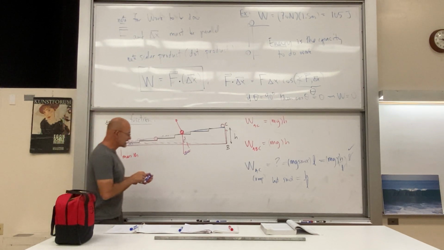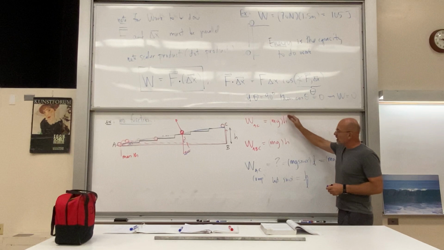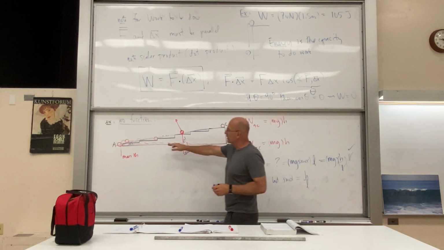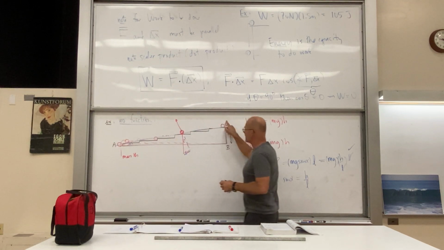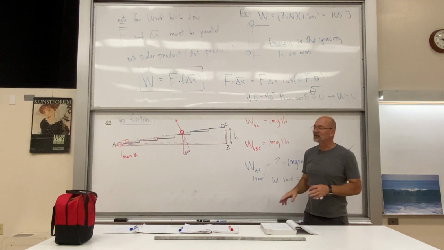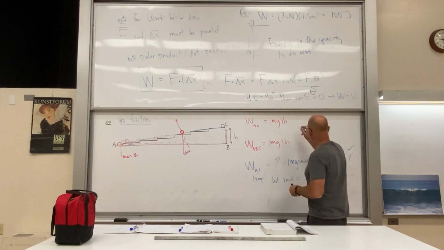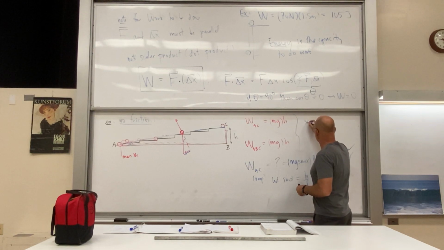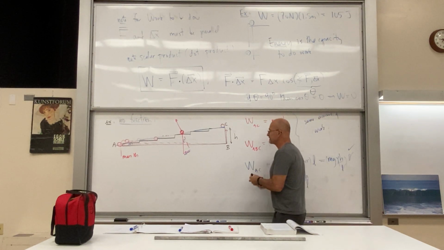So these examples show that in the frictionless world, so to speak, it takes the same amount of work to get from the bottom to the top, regardless of what path you take. So that's an important note here. Same amount of work.